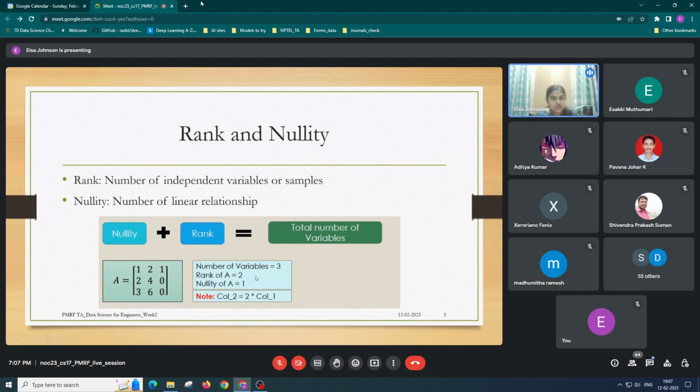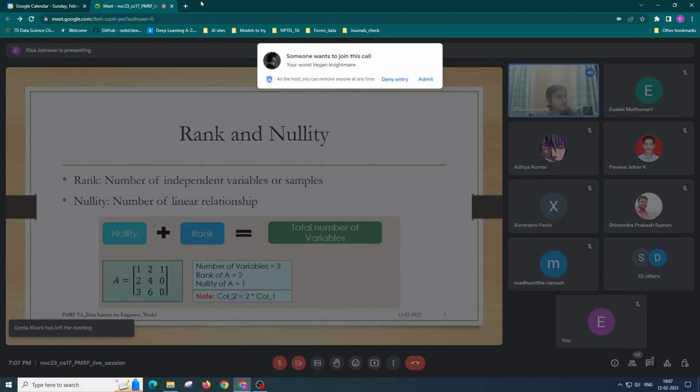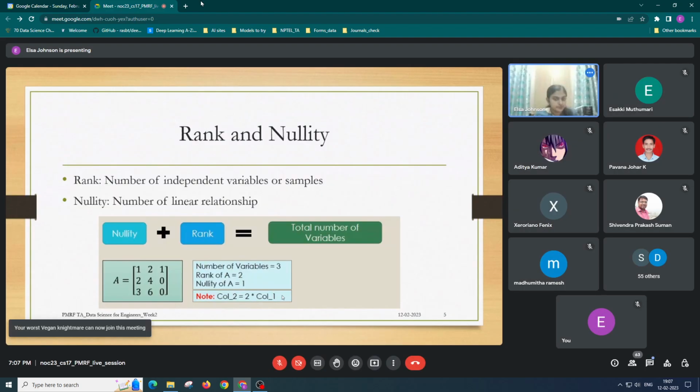Okay, that means that there is a linear relationship between these two columns. Okay, so there is one linear relationship, so the nullity in that case will be 1. Okay, wherever the linear relationships are there, then the rank will be reduced also. Okay, so whenever nullity equals 1, then the rank of that matrix will be 3 minus 1, which is 2. Okay, is that fine?